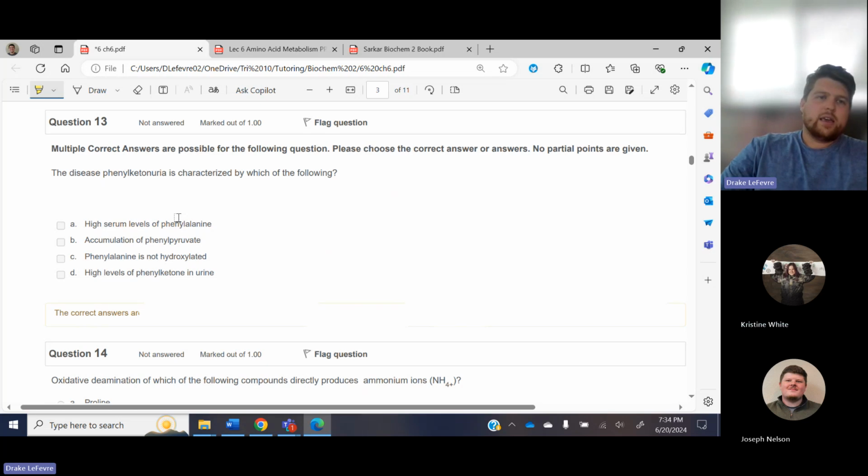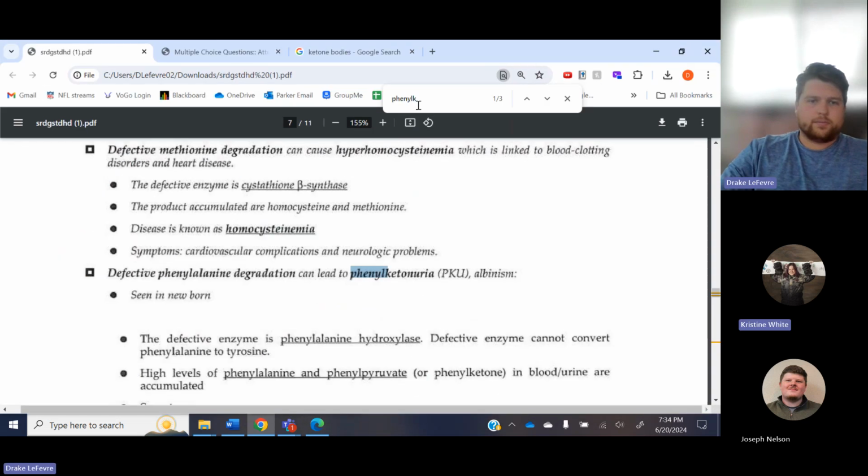The disease phenylketonuria is described as which of the following? Again, this is just recognizing the condition. Defective phenylalanine degradation can lead to phenylketonuria.